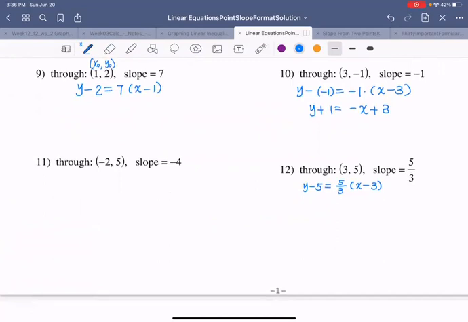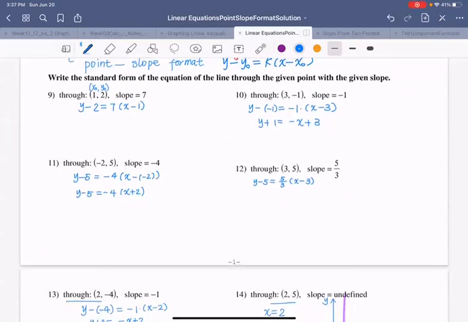Y minus 5 equals negative 4 times x minus negative 2. So y minus 5 equals negative 4 times x plus 2. Does this make sense now? Yeah.